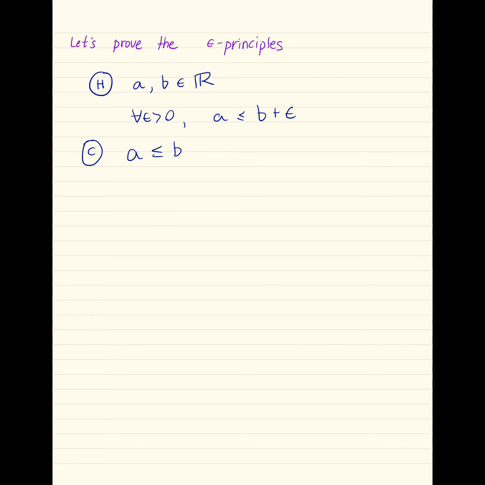Now over here, we'll do our sketch work. And for our sketch work, here's the idea. Here's A. We're saying that for every epsilon, A is less than or equal to B plus epsilon, and we're supposed to conclude that A is less than or equal to B. So imagine it's not the case that A is less than or equal to B. That would mean that A is greater than B. Can this happen?